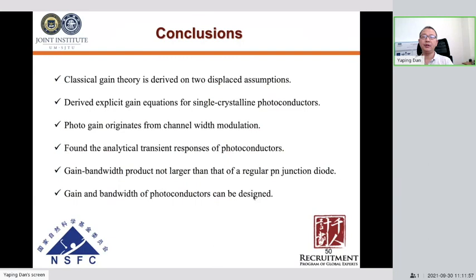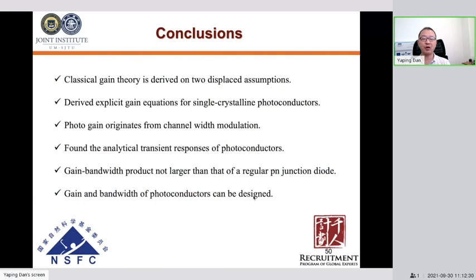As a conclusion, we find the classical gain theory is derived on two misplaced assumptions, and we derived the explicit gain equation for single crystal photoconductors. The photogain originates from the channel width modulation by the light illumination, like a gate. That's why we call this high gain photoconductor a phototransistor. And we find the analytical transient response for these photoconductors, or phototransistors.